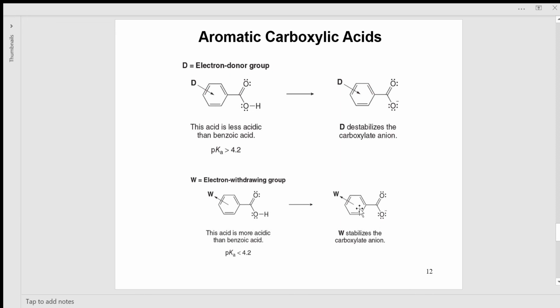At this moment, I have an electron withdrawing group. You are not a stable oxygen because you share the negative charge here. However, this electron withdrawing group will pull the electrons away from you to stabilize the conjugate base structure.